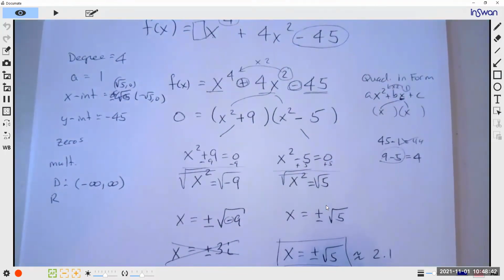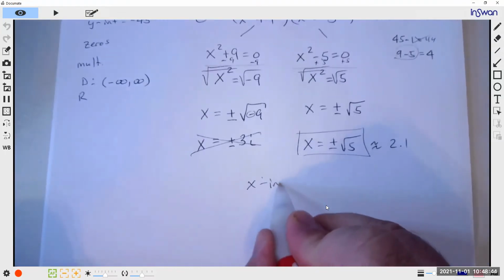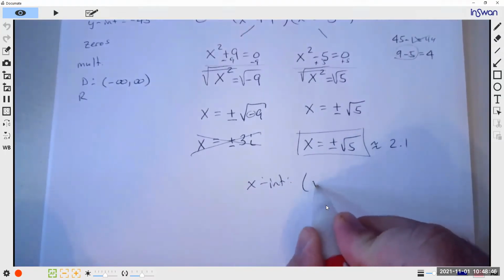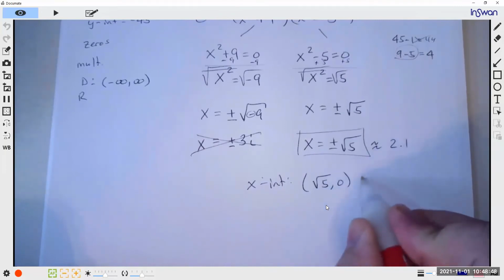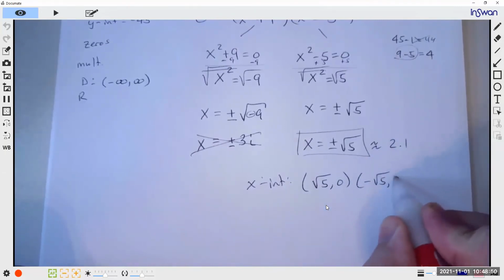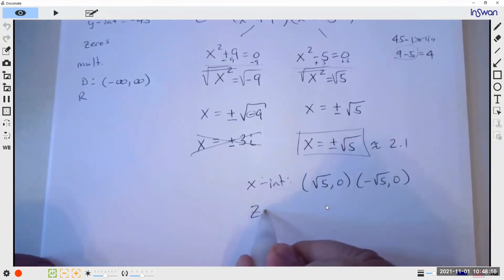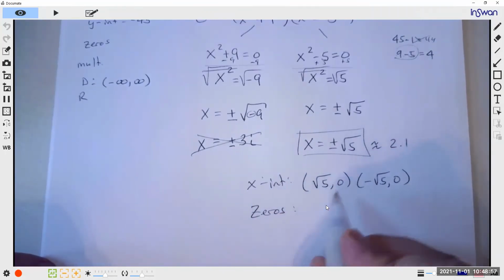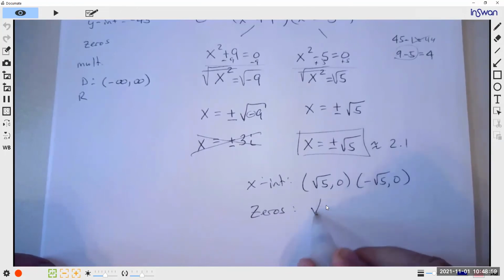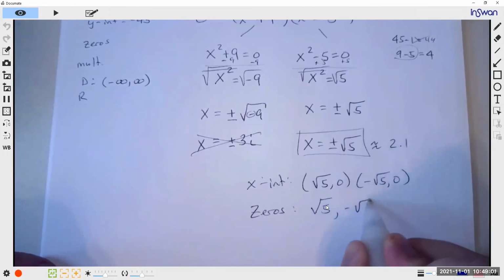So the x-intercepts, radical 5, comma 0, negative radical 5, comma 0. The zeros are at radical 5 and negative radical 5.